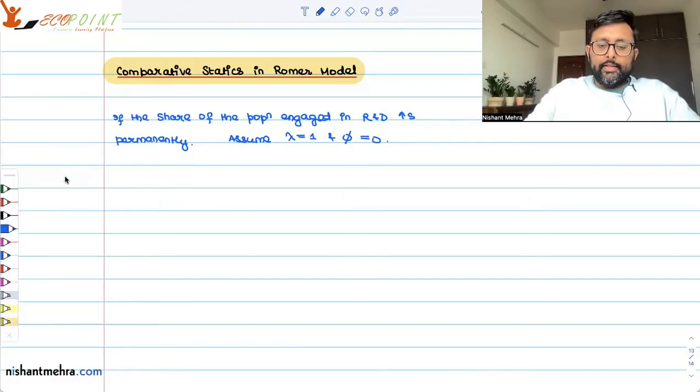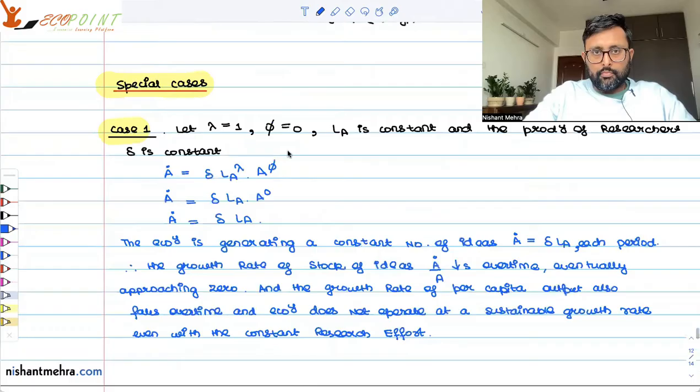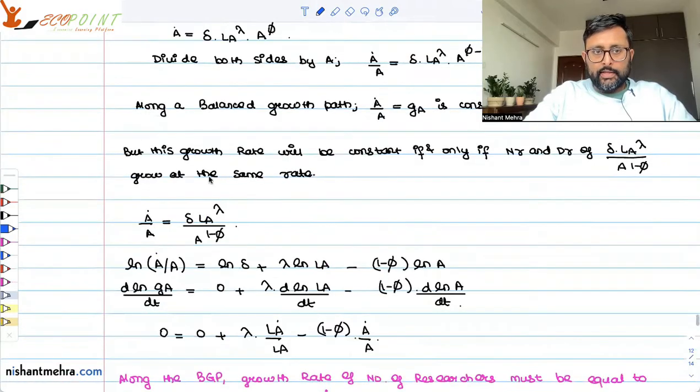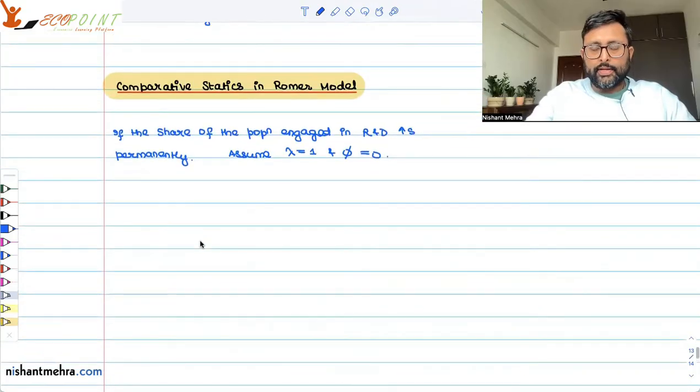Note that we have already written this point. A dot by A is equal to theta LA to the power lambda upon A to the power 1 minus phi. We have already written this in the earlier recording, so you might see that.